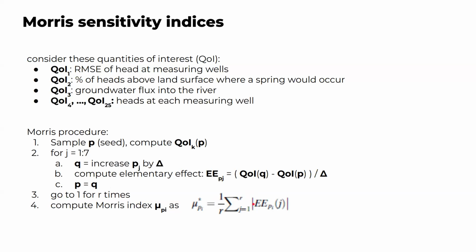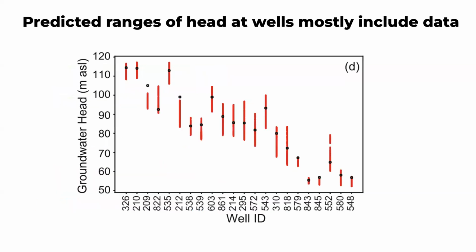So you essentially are trying to compute an average of the gradient of the quantities of interest with respect to the parameters. It's a sample-based average of the gradients. And what we get is, well, first of all, this generates a bunch of realizations of the quantities of interest.